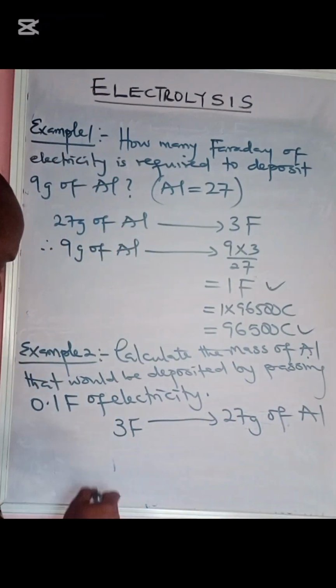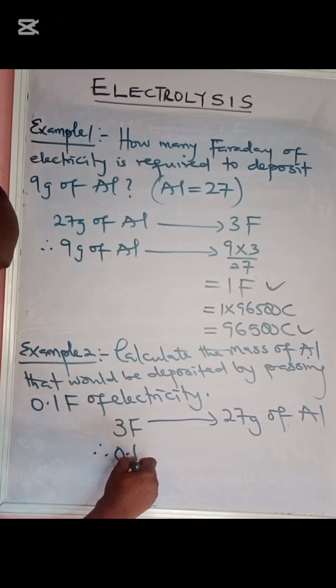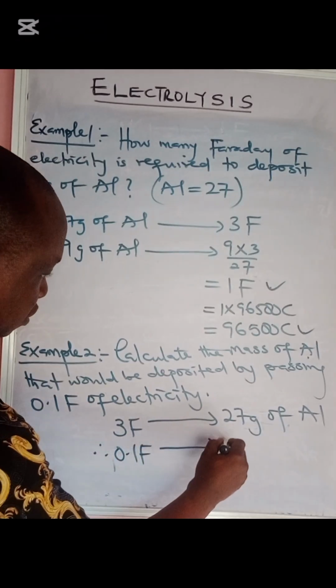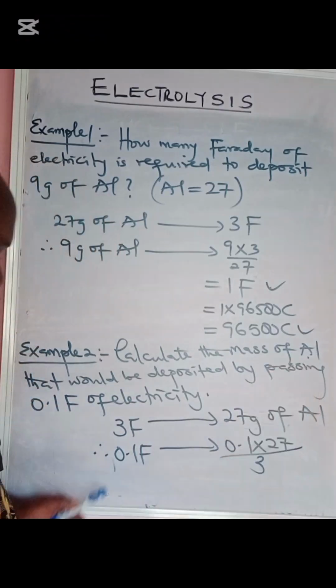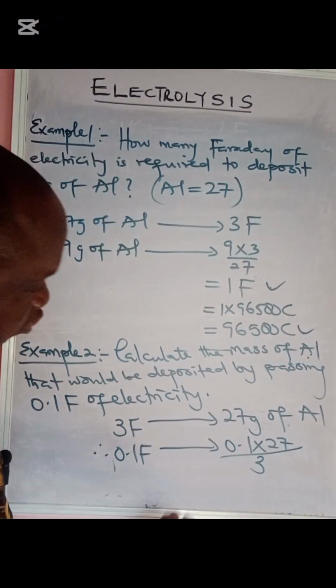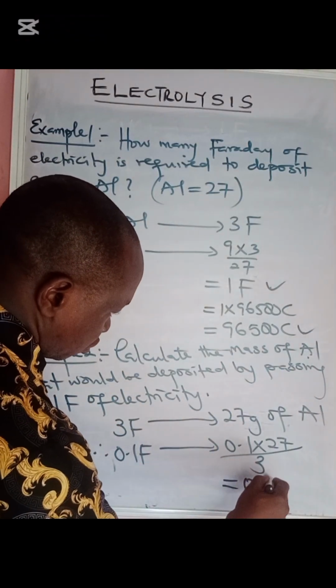Therefore, 0.1 Faraday will be 0.1 times 27 divided by 3. So 0.9 grams of aluminium will be deposited.